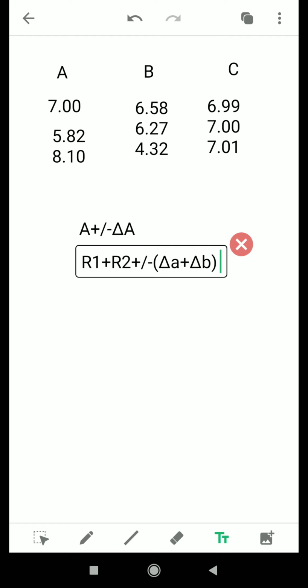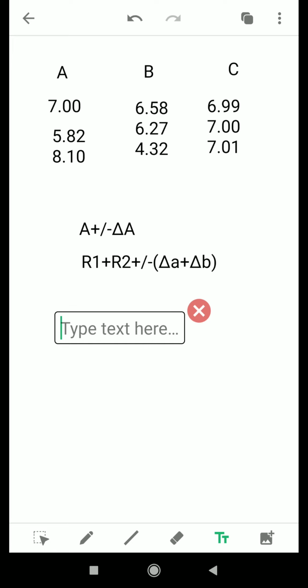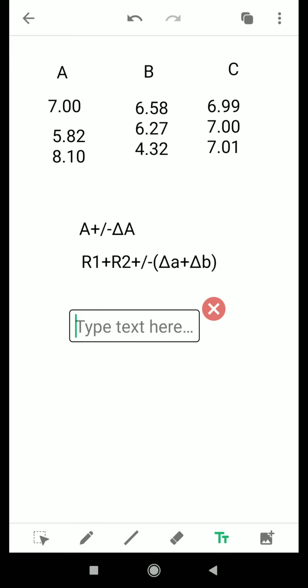Suppose Z is the result of one experiment. Clear?